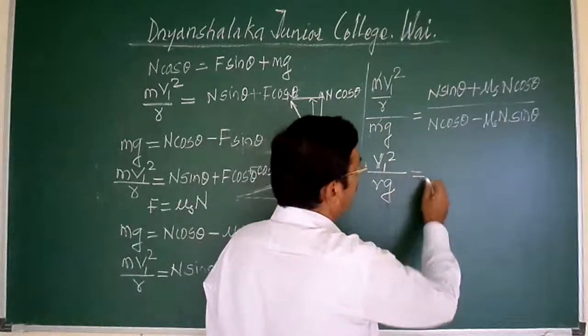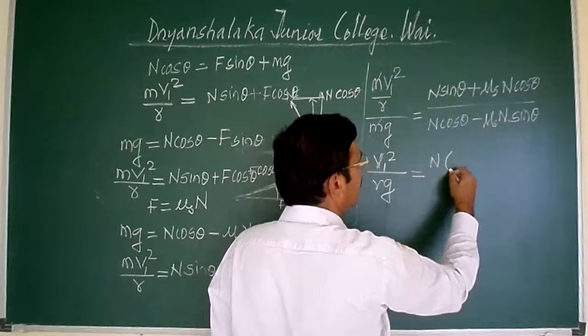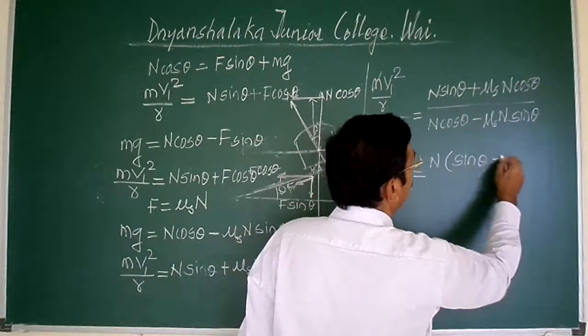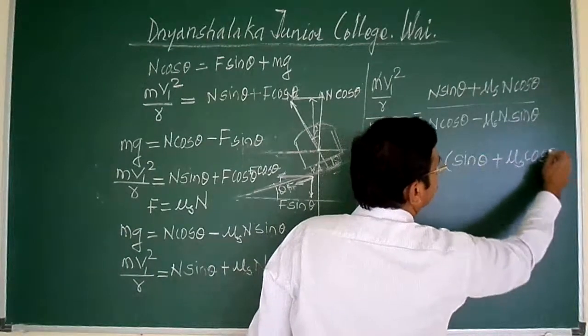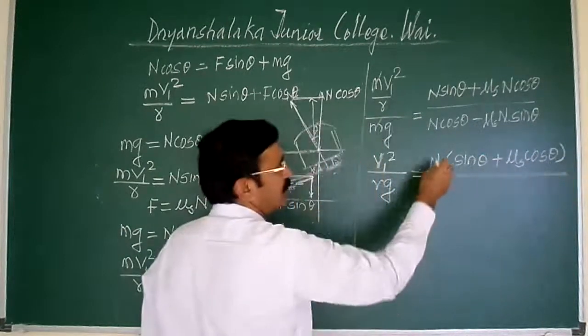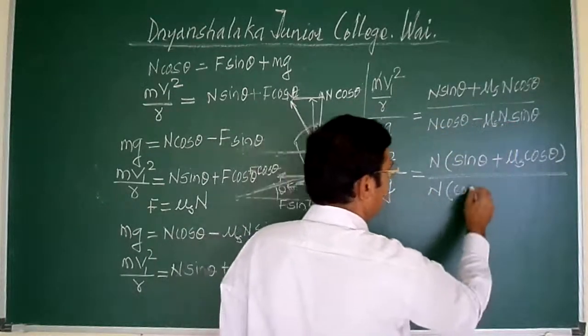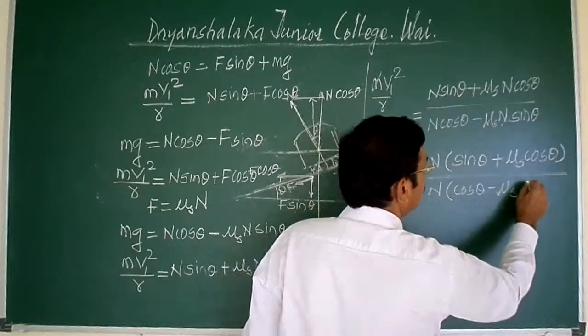This will be equal to, we can take n common from the numerator, so this becomes sin theta plus mu s into cos theta, upon, from here if we take n common, then this will be cos theta minus mu s into sin theta.